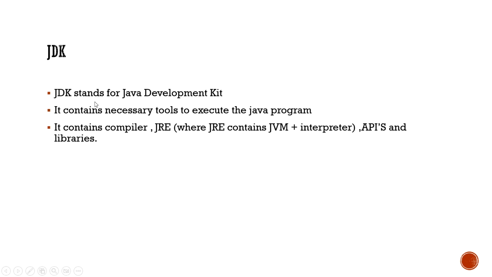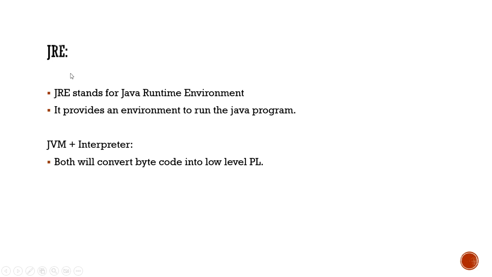JDK contains the compiler and JRE, where JRE contains JVM plus interpreter. Then APIs and libraries. One by one you will understand these in future videos.